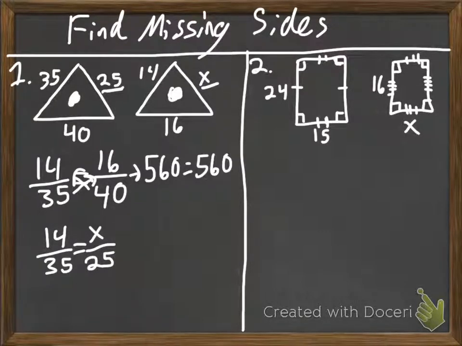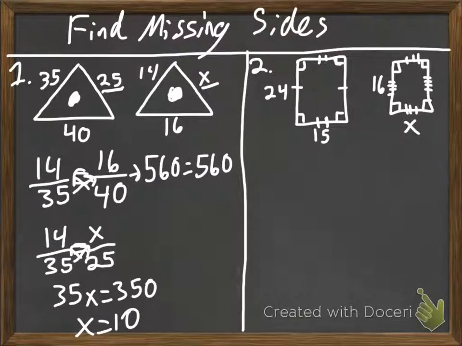And remember to make sure that you keep triangles in the same place. If you're using one triangle in the numerator over here, you have to use everything from that same triangle in the numerator here. Same thing with denominator and denominator. So now we're just going to cross multiply, and we get 35x equals 350. Divide by 35 and we get x equals 10.